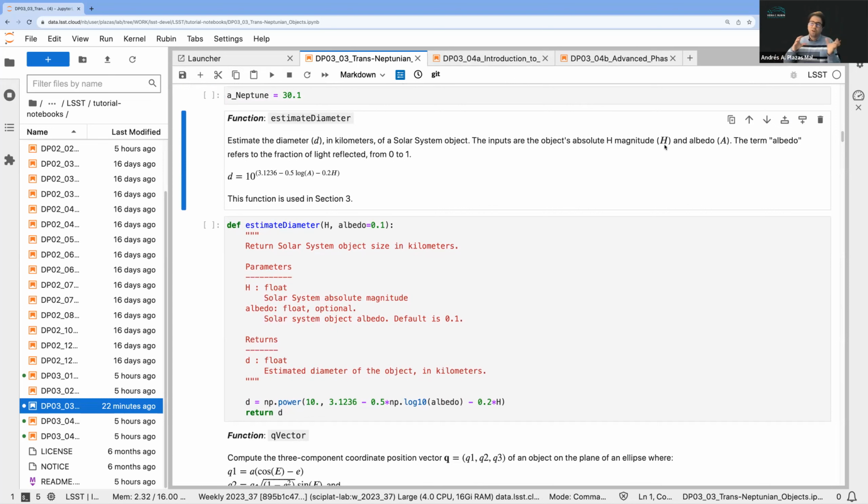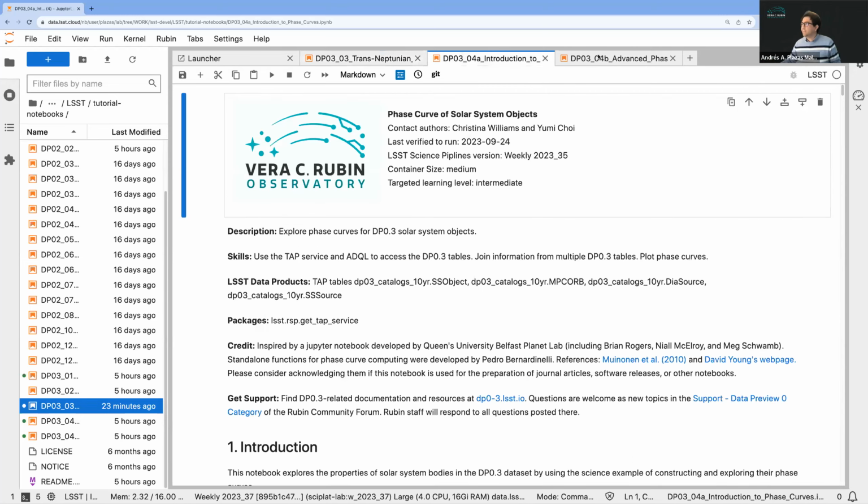You can think of it as a proxy for size. The function also depends on the albedo, or the reflectivity, of an object. But for a given albedo, a certain magnitude can serve as a proxy of the size of solar system objects.